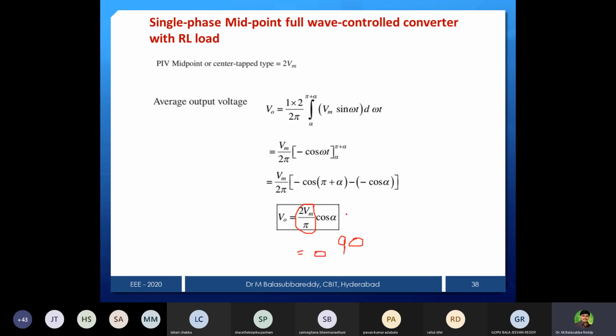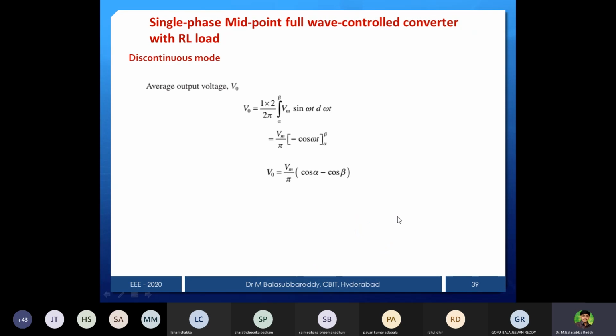And then put alpha greater than 90, or let it be 180. Cos 180 is minus 1. So our magnitude will be minus 2 Vm by pi. So that shows what? Alpha from 0 to 90 will give positive, exactly 90 gives 0, beyond 90 gives negative. So same thing. For discontinuous mode, it is alpha to beta. Continuous mode means alpha to pi plus alpha.